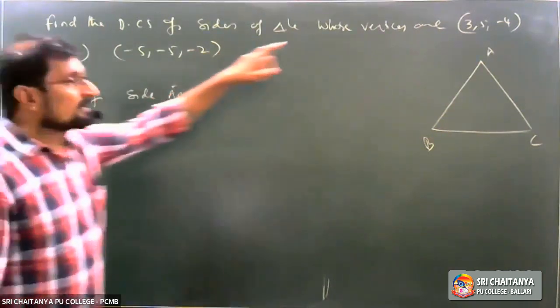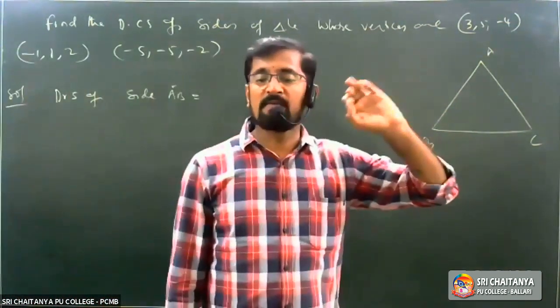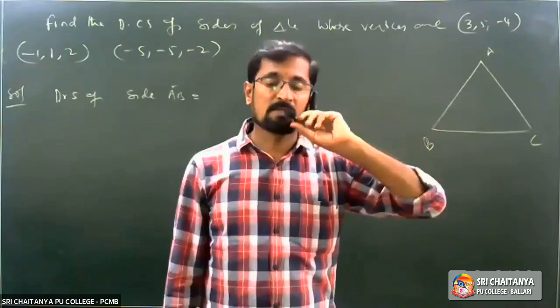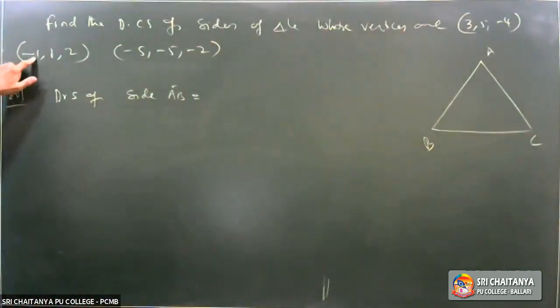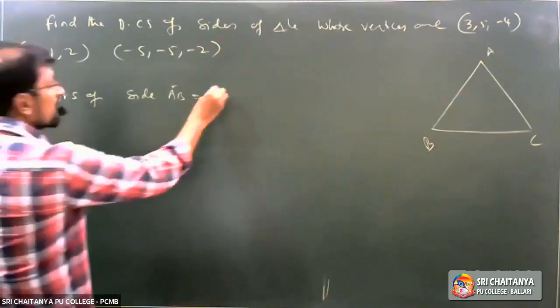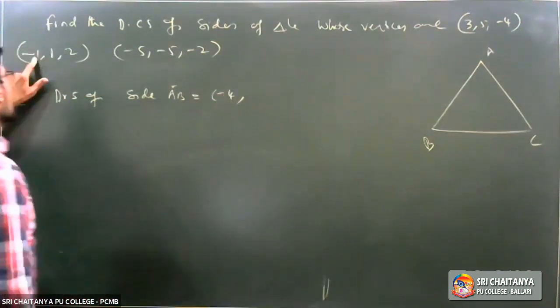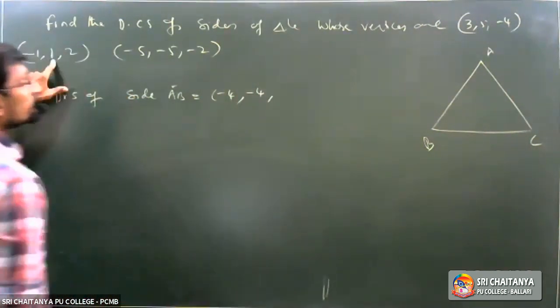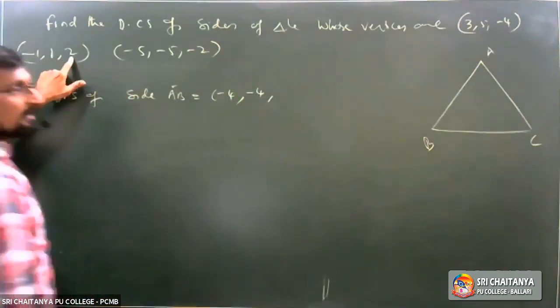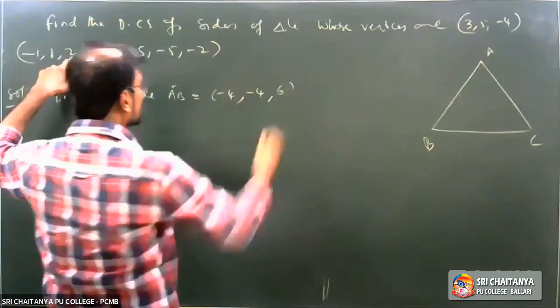You consider the first point as x1, y1, z1, and the second point as x2, y2, z2. x2 minus x1, minus 1 minus 3 is minus 4, 1 minus 5 is minus 4, 2 minus of minus 6.